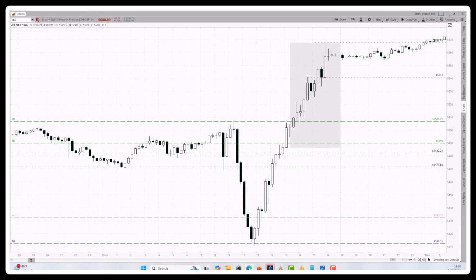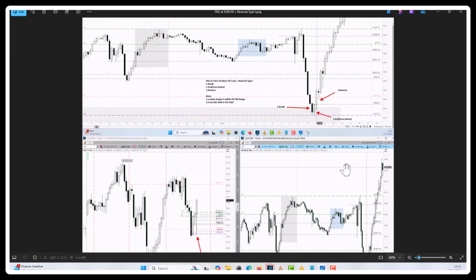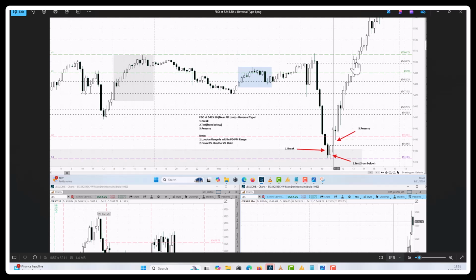Let's look at it again. Here's the one we have from yesterday, and we do have a nice setup when it reversed right there. If we use the low of this candle, it creates a reversal type 1, which is you have a break, and you have a retest and reverse. So a 3-step setup.